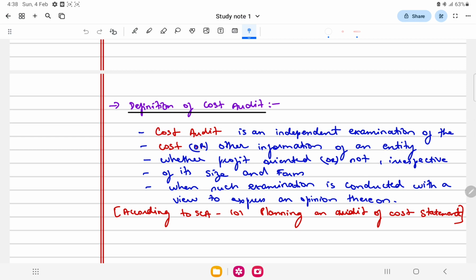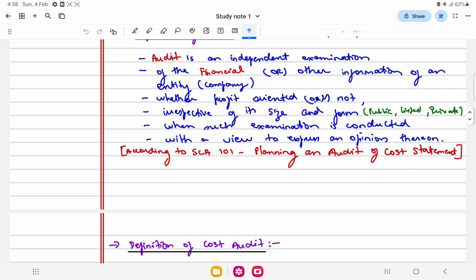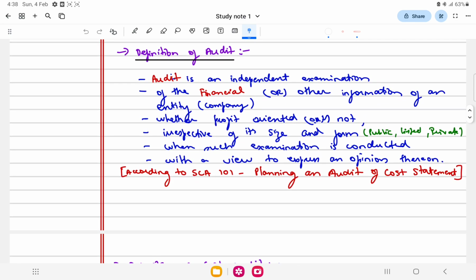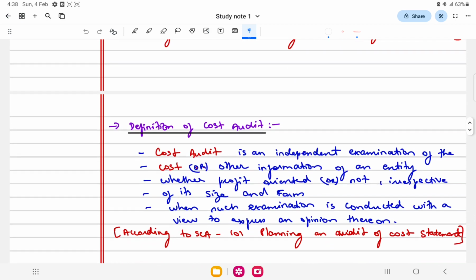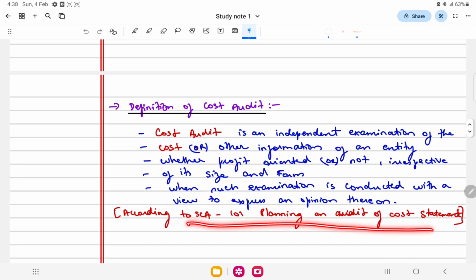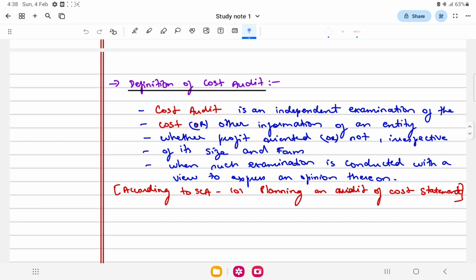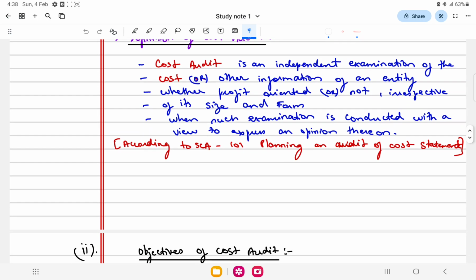That's the difference highlighted in red color. Other things remain the same. The source of the definition is also SCA 101, planning an audit of cost statement.